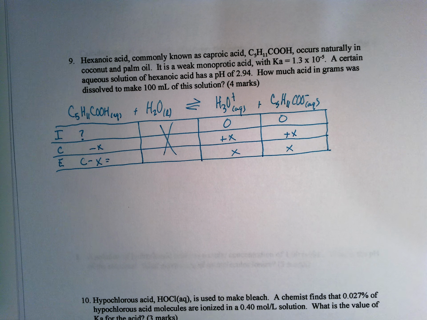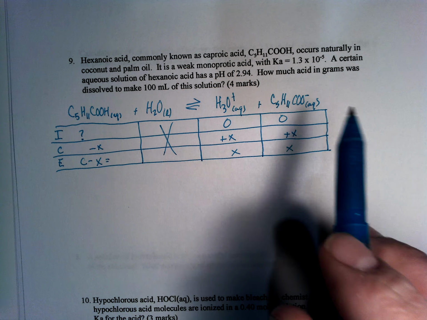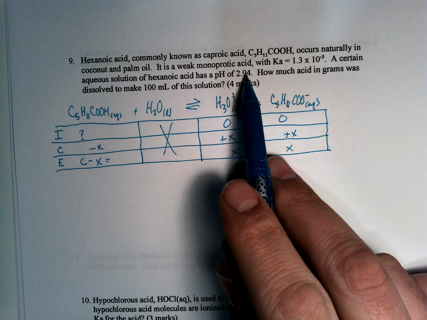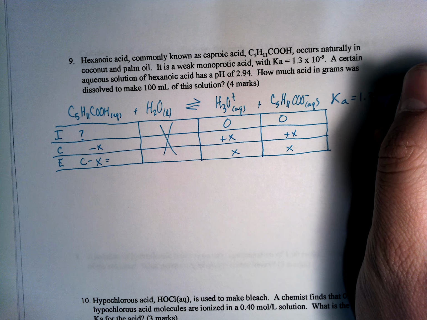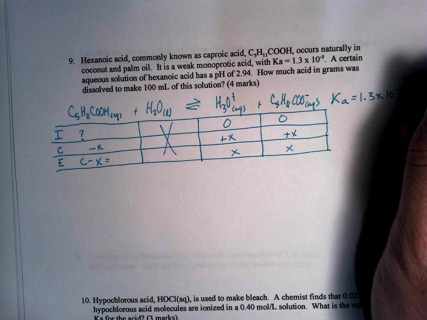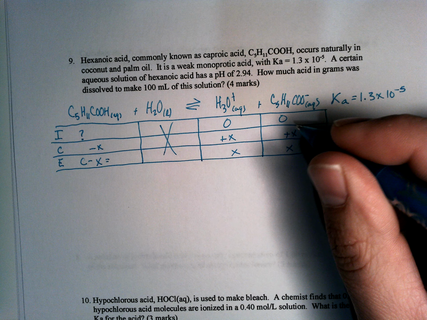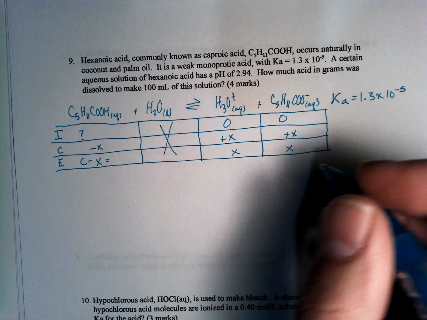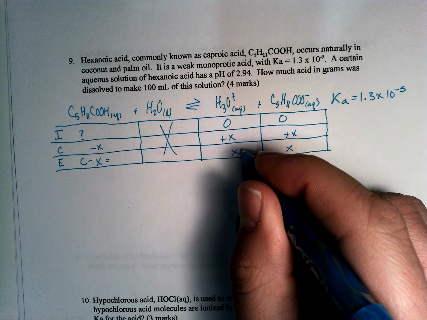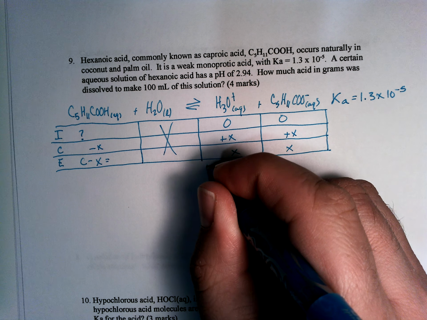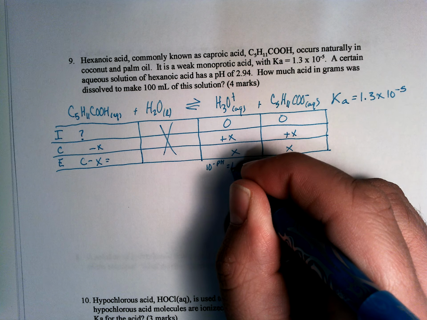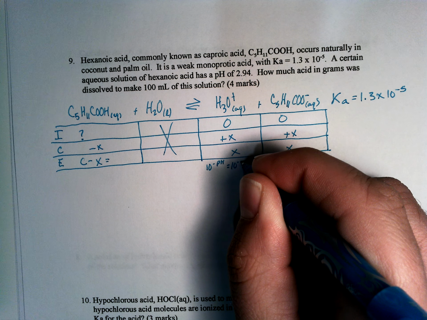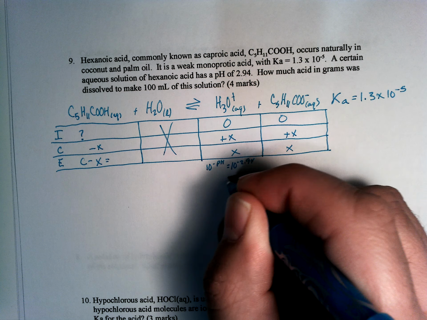So to solve for this, we want to find any numbers we have. We have a Ka, 1.3 times 10 to the negative 5, and our pH is equal to 2.94. From our pH, we can solve for this x value. 10 to the negative pH will give us this value. So 10 to the negative 2.94.